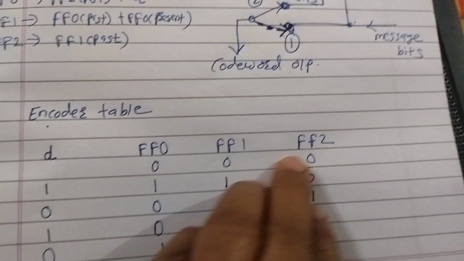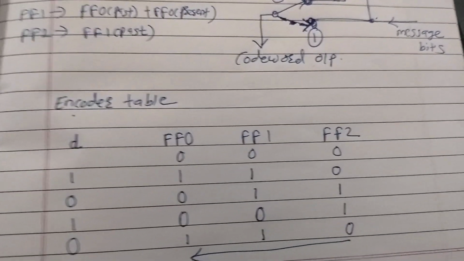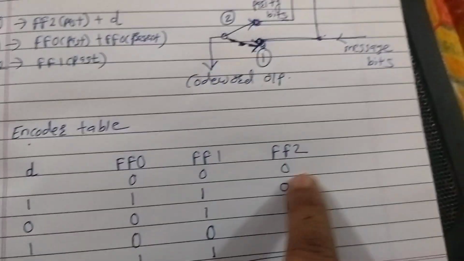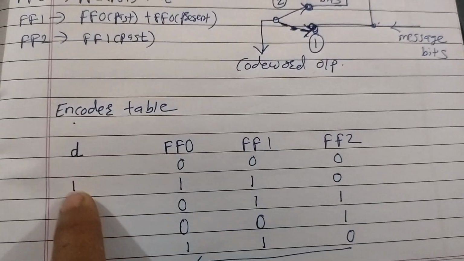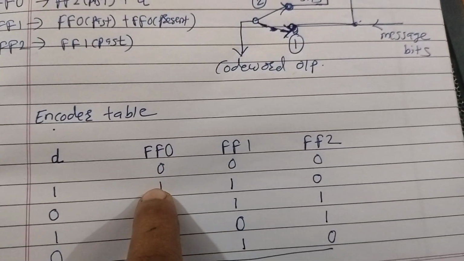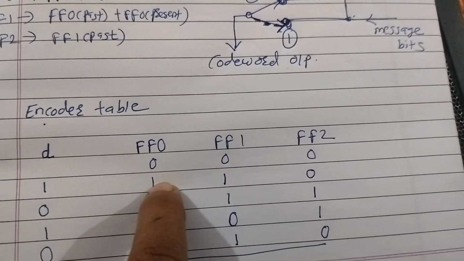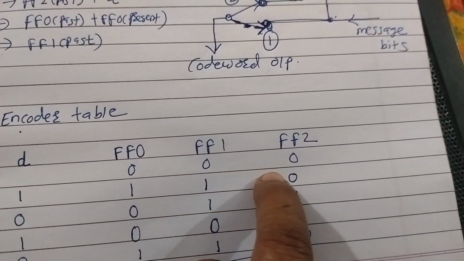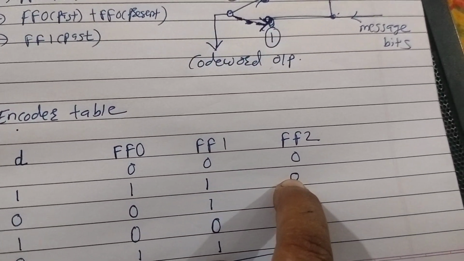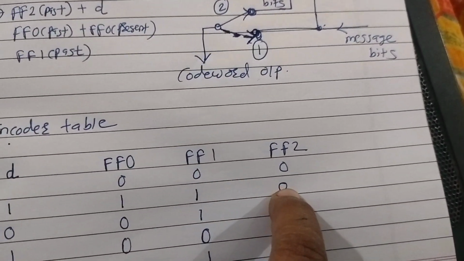So 000 here, 1010. First what you have to do, add this 0 plus 1, that is 1. Then these two, 1 plus 0, 1. Then for this you have to take 0 here. Flip flop 2 is flip flop 1 past.